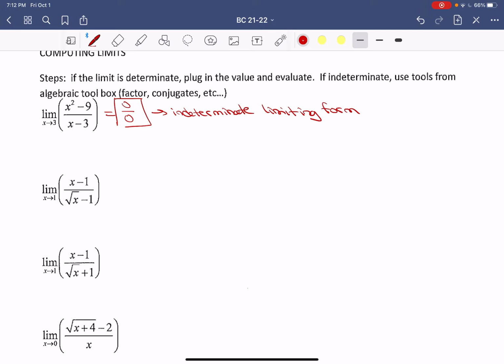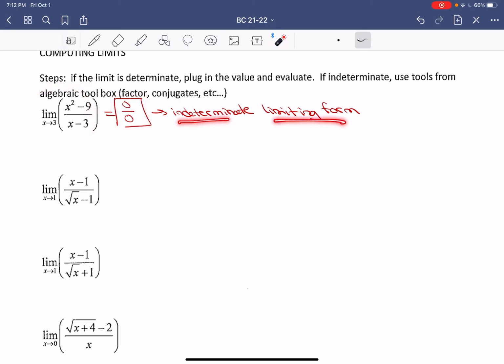In BC calculus, there are 6 different indeterminate forms. Wes and Wilson and Gigi, you covered 2 of them in AB. In BC, there are 6 of them. Here is your first indeterminate limiting form. When you have an indeterminate limiting form, you cannot tell by this what the limit is going to be.